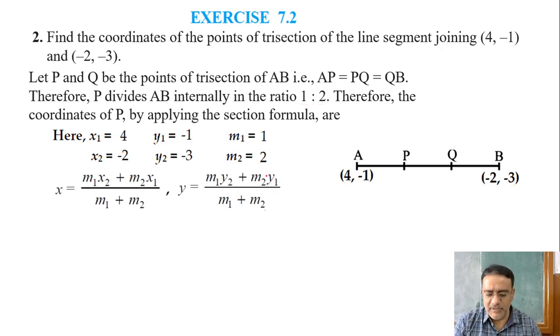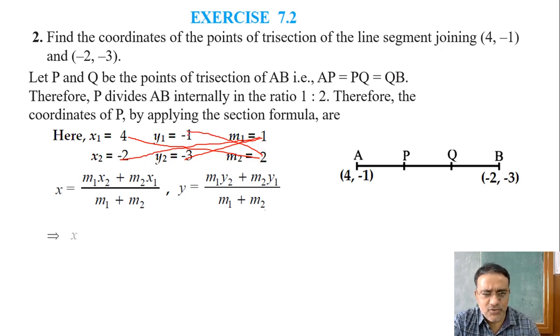So we'll get this formula. Now we'll write the values: 1 into -2 plus 2 into 4, that is the value for x. And for y, 1 into -3 plus 2 into -1 upon 1 plus 2.